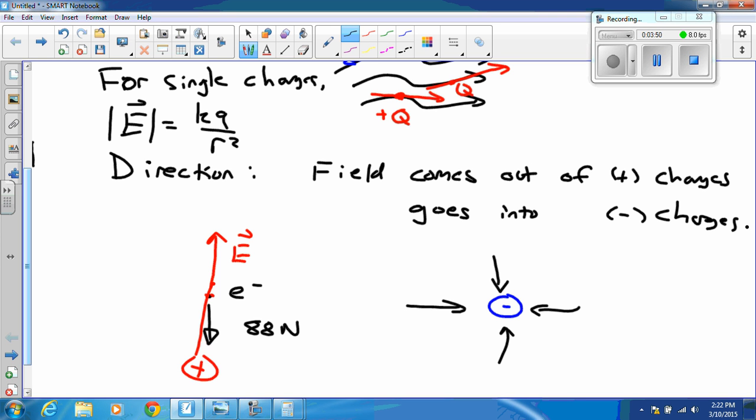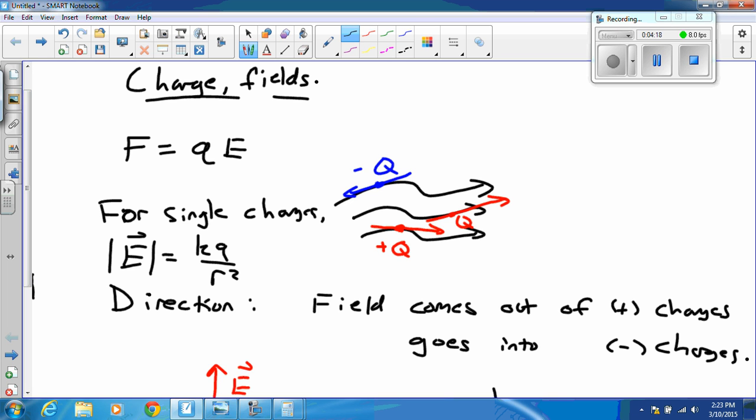Well, it'll give you charges and it'll give you a plus or a minus sign on the charges, usually. But how do you know that the field isn't negative? Because the direction of the force on a negative charge is opposite to the direction of the field. That's what I was explaining here.